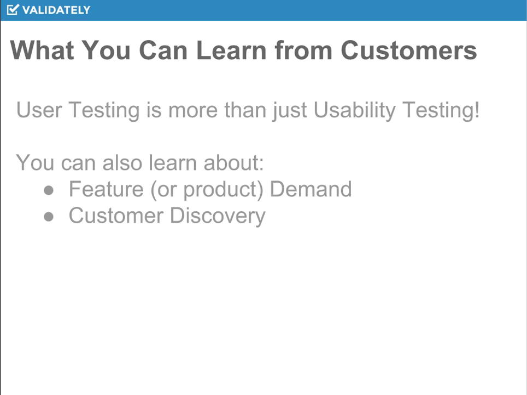And then there's also customer discovery. So finding out who your customer is, looking at it from a persona perspective, defining different personas and understanding who those personas are, and running demand validation tests against those different personas to understand why a feature is being used by this customer segment but not this customer segment. Why a new product idea, and who are going to be the early adopters for your new product idea among your customer base.